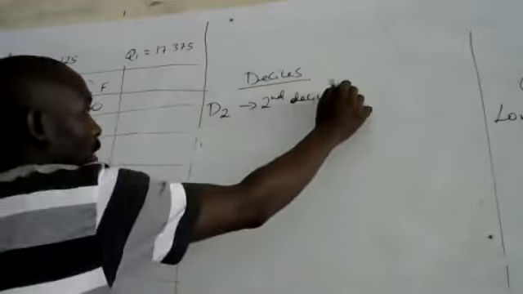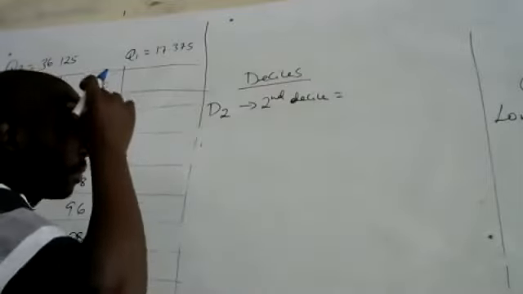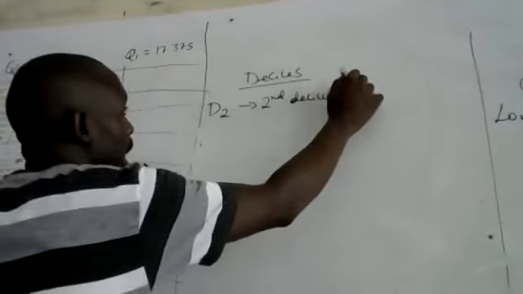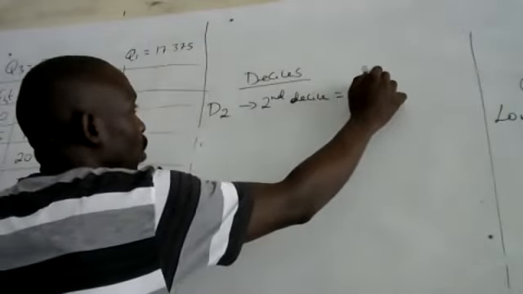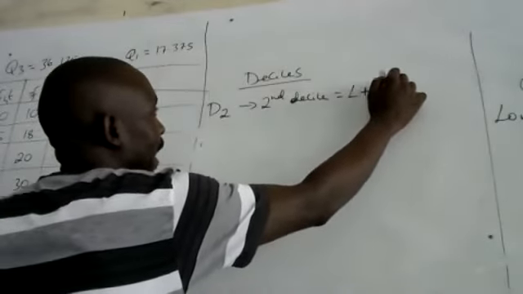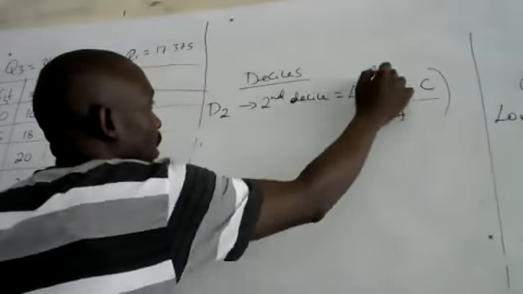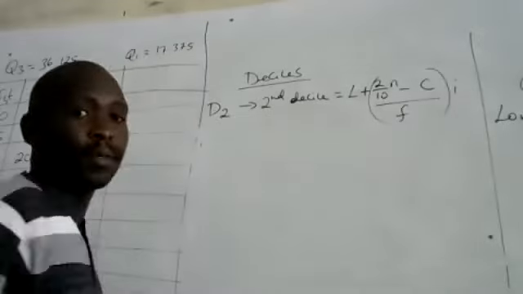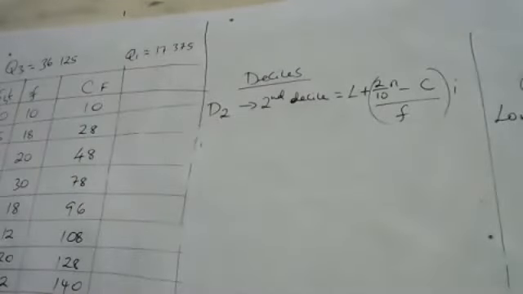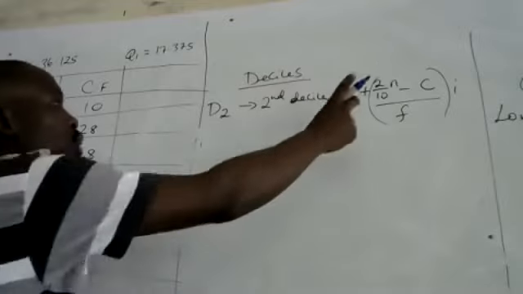The second decile is obtained by L plus 2 over 10 N minus C over F times R. It divides the distribution into 10, so everything is going to be over 10.